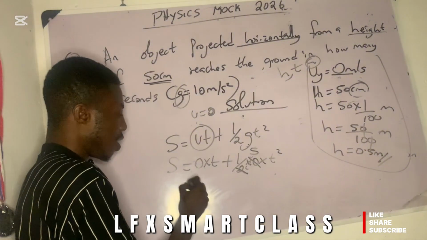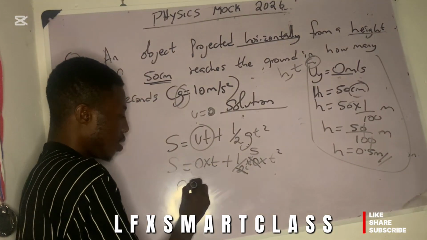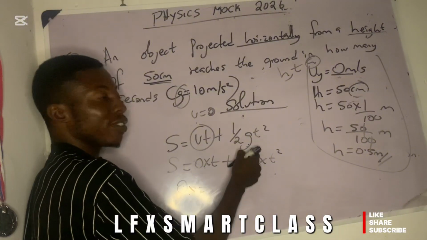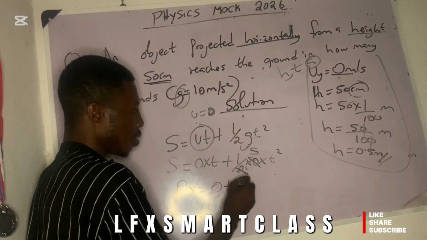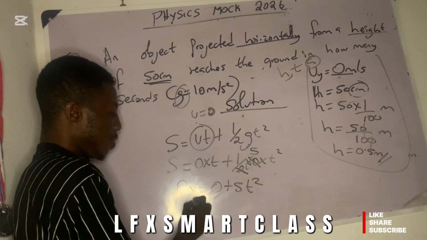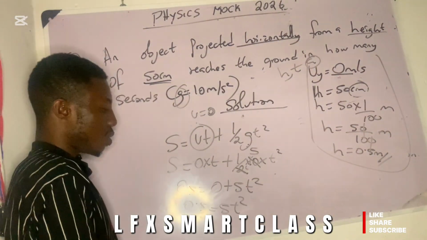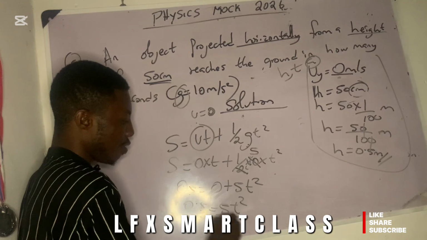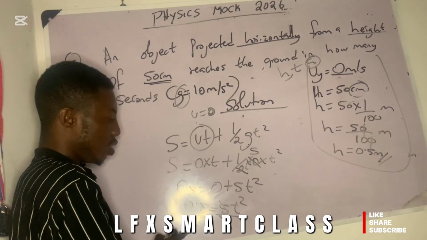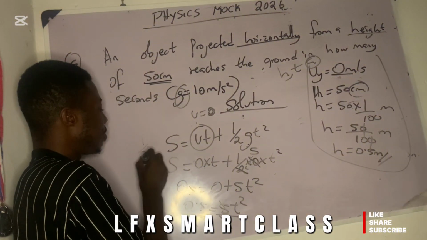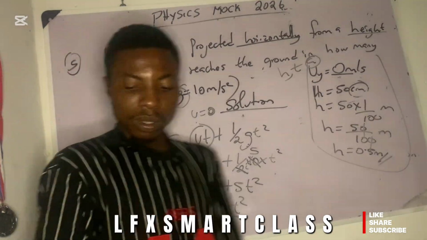0 times t is 0. You have 0.5 is equal to 0 plus 5t squared. If you add these two things, you have 5t squared. So what are you going to do? You divide both sides by 5.